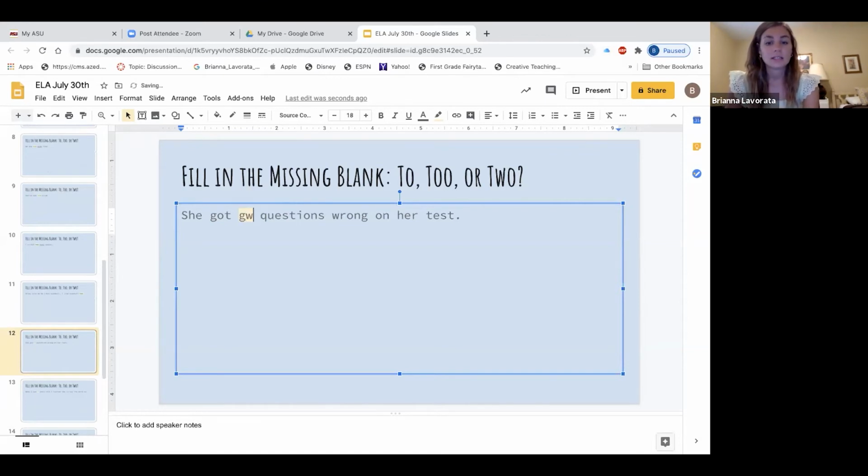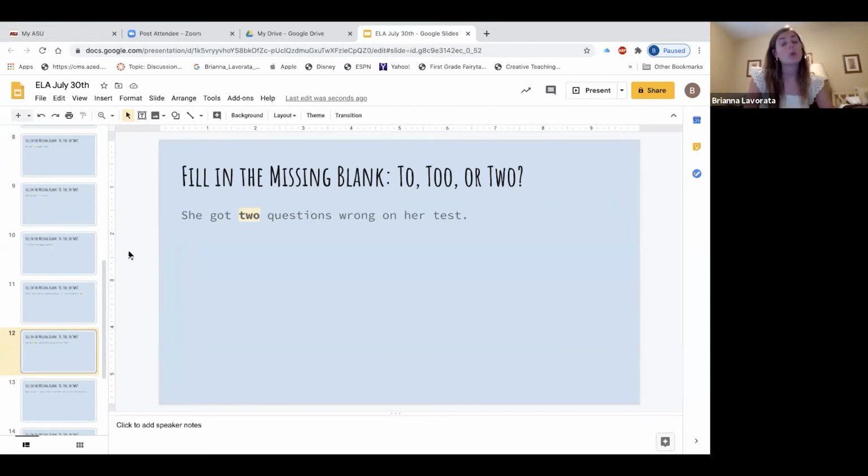Right, it is T-W-O. She got 2 questions wrong, okay? The hint here is going to be 2 questions wrong on her test, okay? So we know, okay, my example is asking for an amount, right? A number, so that's why we use 2.